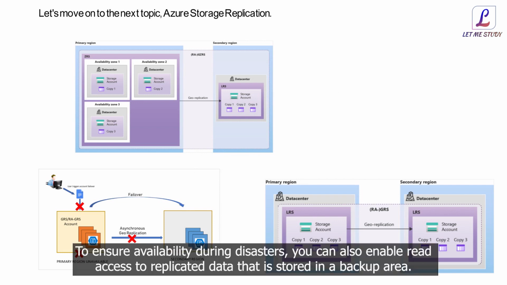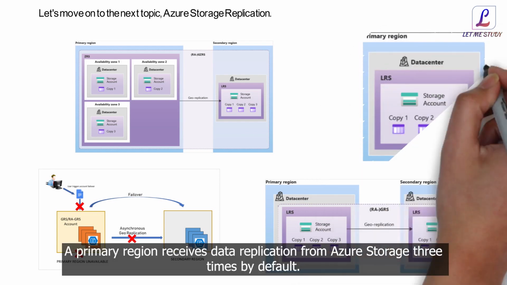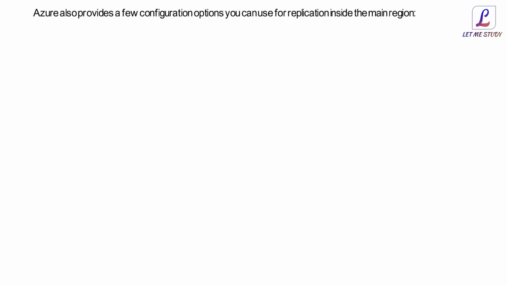To ensure availability during disasters, you can also enable read access to replicated data that is stored in a backup area. A primary region receives data replication from Azure Storage 3 times by default. Azure also provides a few configuration options you can use for replication inside the main region.